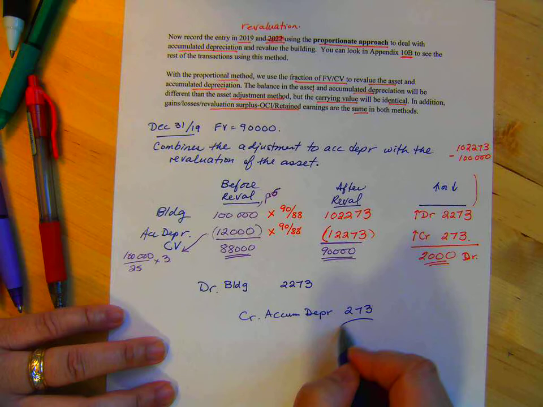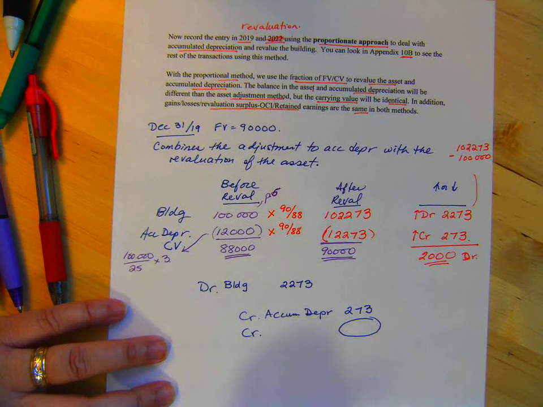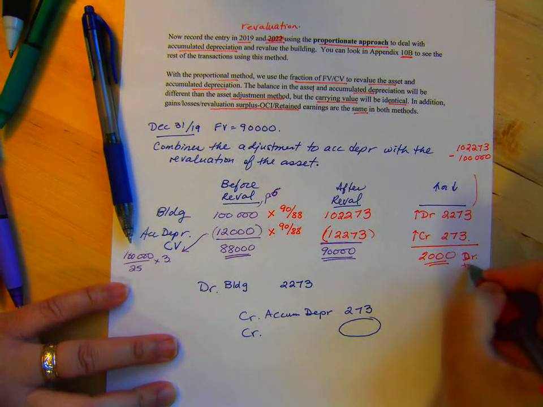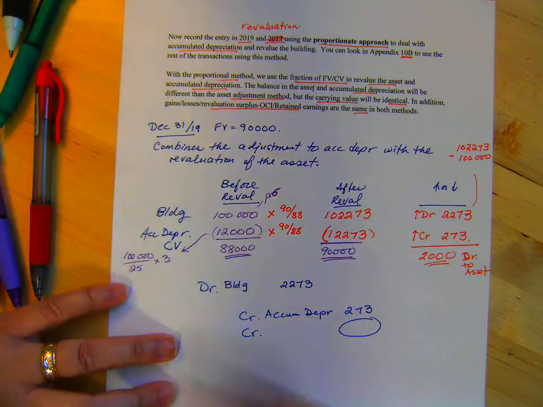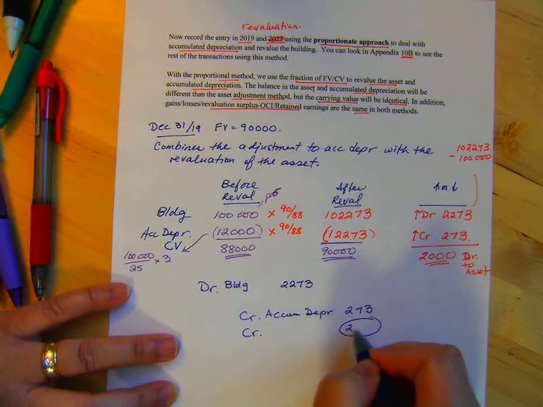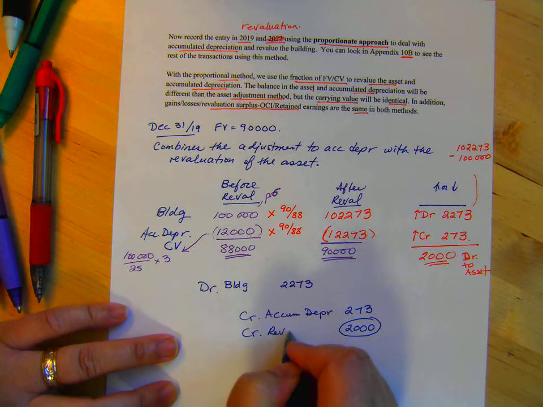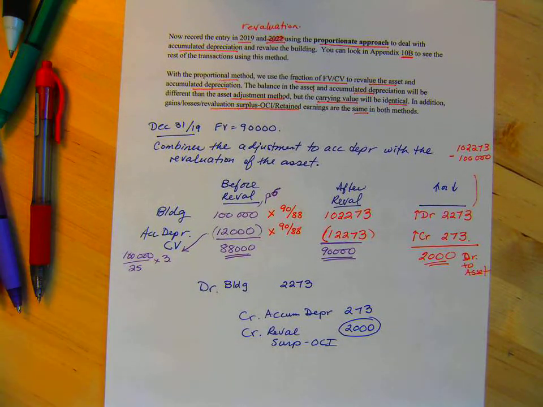Well, what are we out? A credit, and I'm just going to be sure this was a debit to the asset. Well, we're out by 2,000. And where does our 2,000 go? Revaluation surplus, OCI.